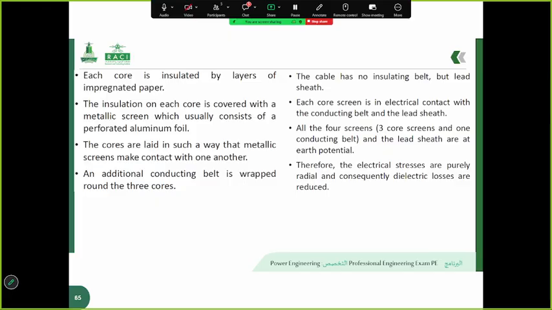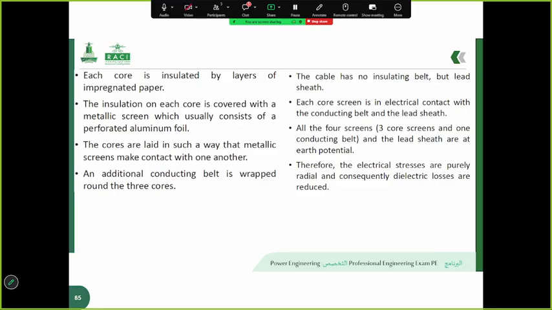These screens on each core are laid so that they make contact with one another. An additional conducting belt is wrapped around the three cores. Unlike belted cables, H-type cables have no insulating belt.